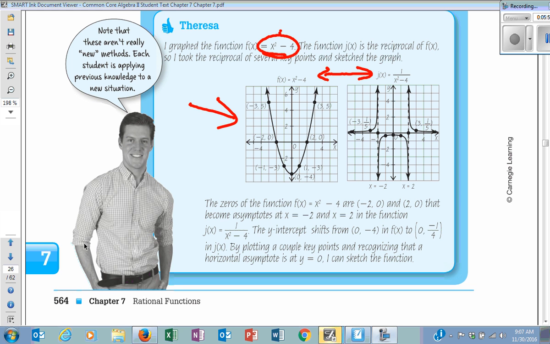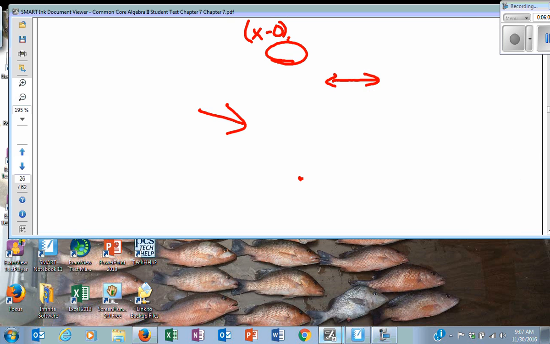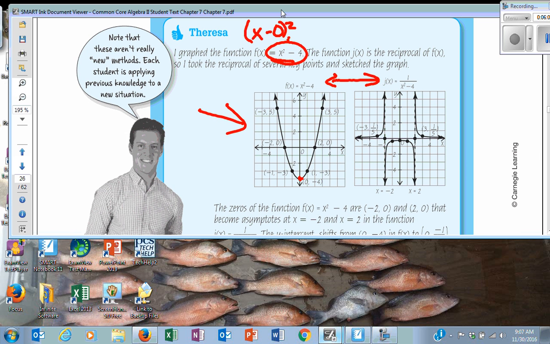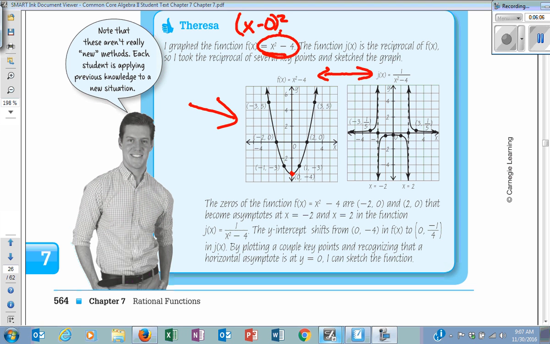She knew that the vertex was 0, negative 4. She knows that this moves, remember, vertex form, which this is in, says that it should be x minus 0 squared. And then she did minus 4, so she knew 0, negative 4 was her vertex. Boom.